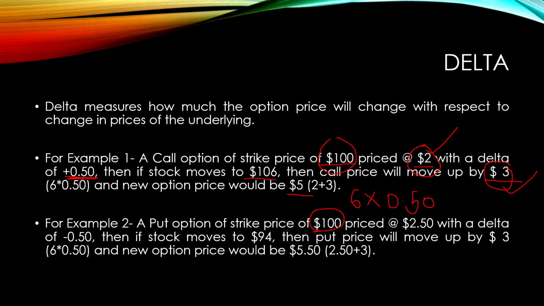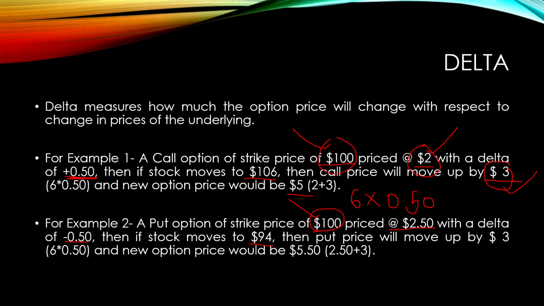So the put option is currently priced at $2.50 with a delta of 0.50. Mind it, in both examples I have purchased the at the money option, and at the money options generally have a delta near 0.50. So a put option of $100 strike price purchased at $2.50 with a delta of 0.50. What will happen if the stock moves to $94?